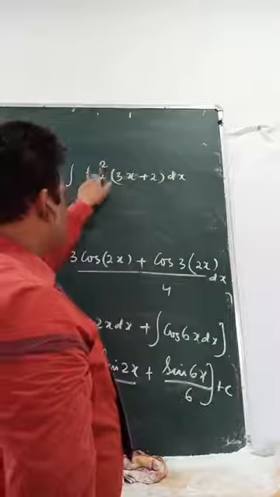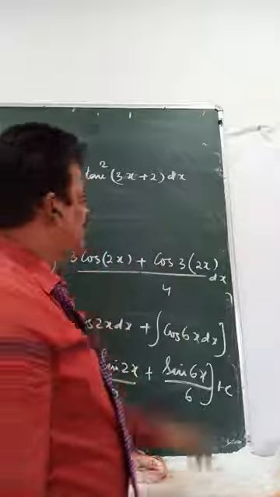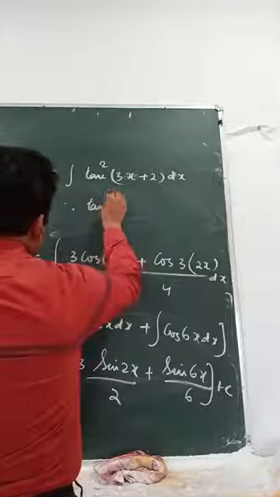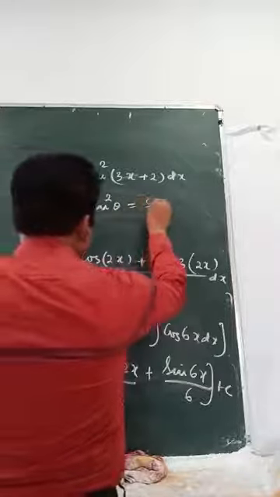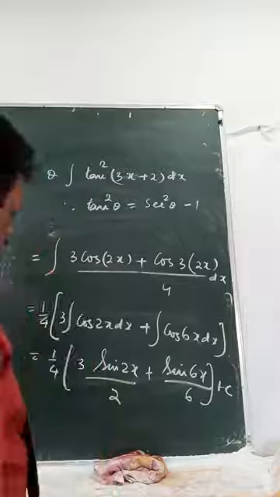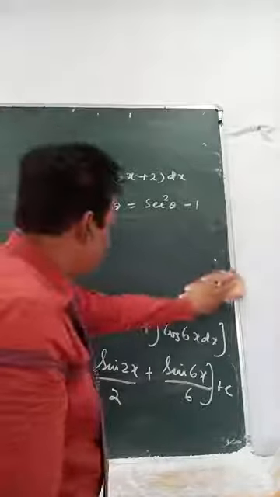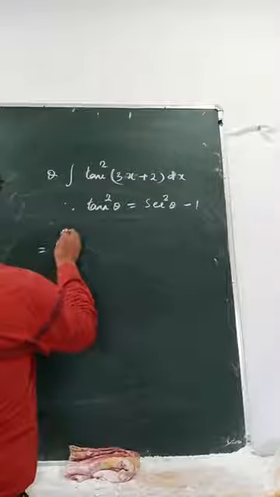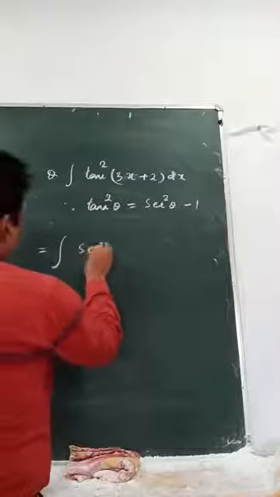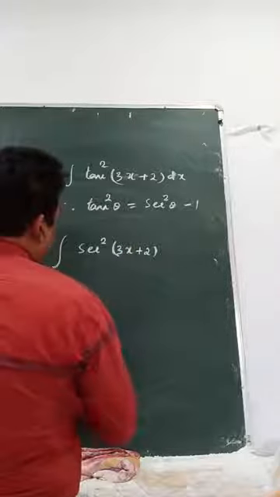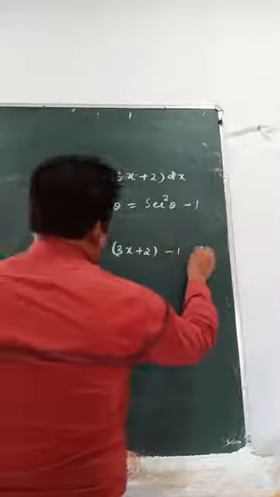Tan square has no direct integration, but I can write here tan square theta is sec square theta minus 1. So that will be sec square 3x plus 2 minus 1 dx.